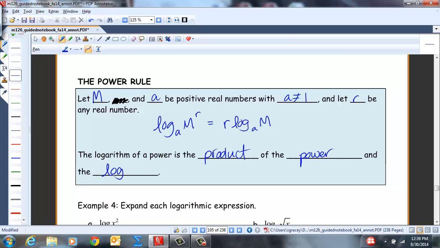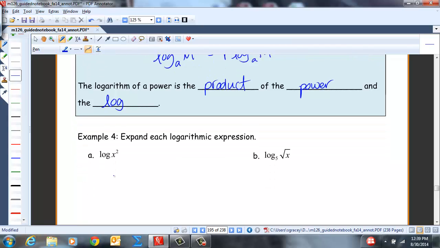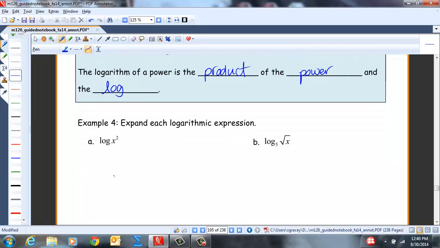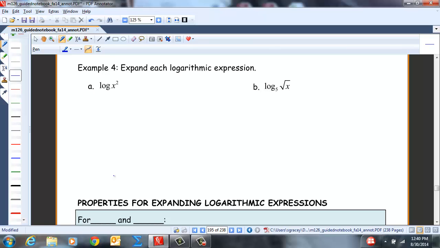And this is really powerful and helpful for solving logarithmic equations. So let's expand. You remember what we did in that earlier example, natural log of x times x, and we got 2 of those natural log of x's. Well, now we have the common log, so using that power rule, the 2 is a multiplier, and we'll get 2 times log of x.